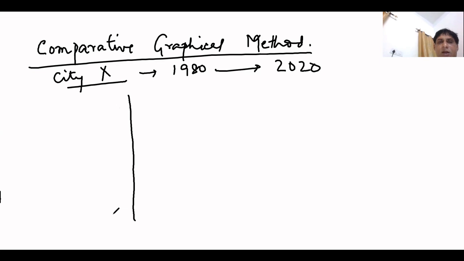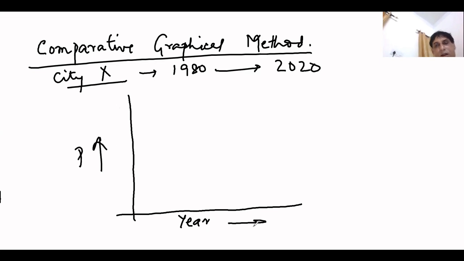So we plot a graph of year versus population for city X. We know the data for 1940, say 50, 60, and say 70, 1970, right?